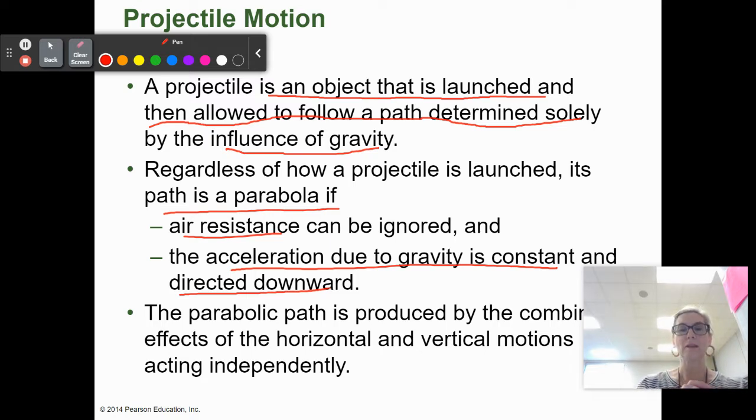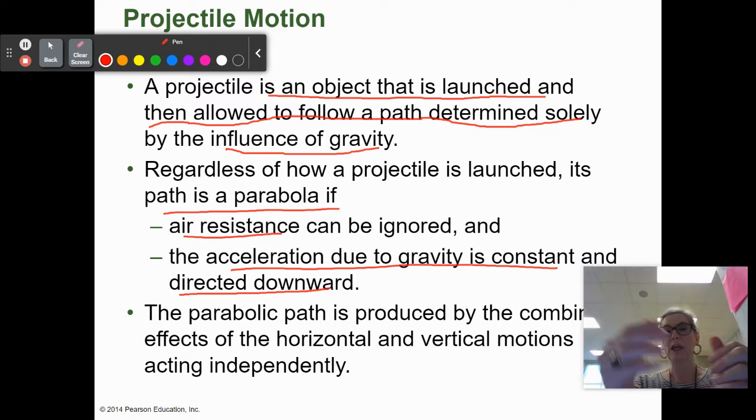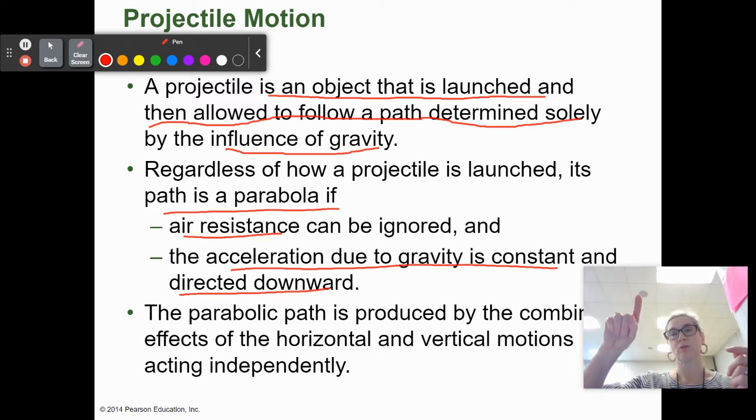So that parabolic path is produced by a combination of the horizontal movement forward and the movement down. And both of those acting independently causes that shape of a parabola. So it's going up, or in some cases, it's coming down, or it's going up and down, but it's also moving forward, and that gives us that shape of that parabola.